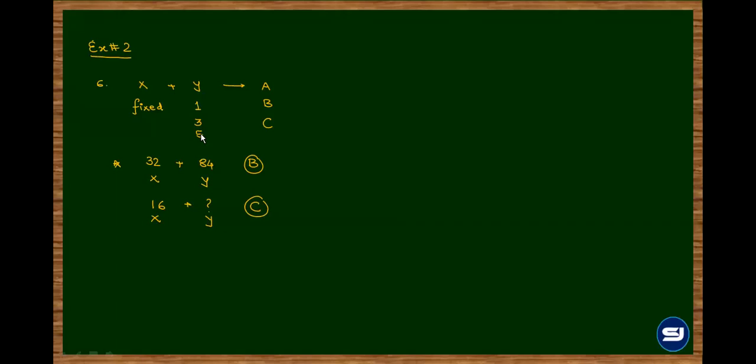So with the law of multiple proportions, the Y ratio for compounds B and C is 3:5. So with this 3:5, you have to solve for Y.